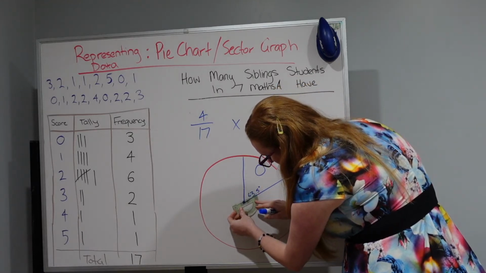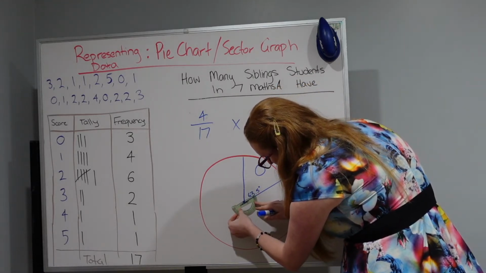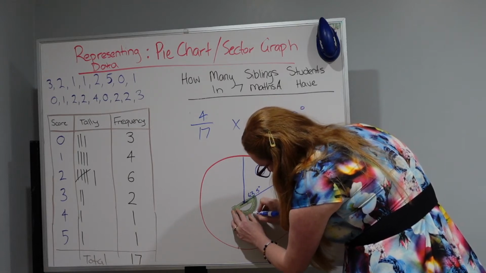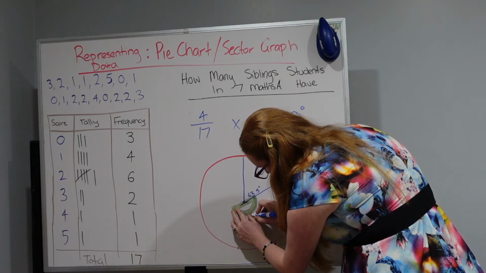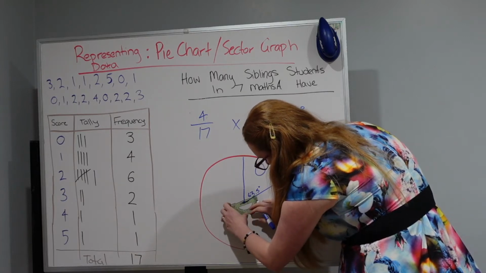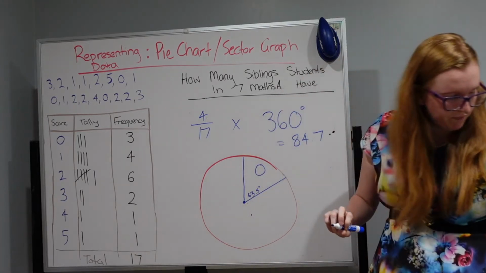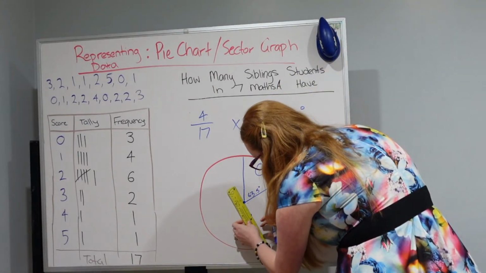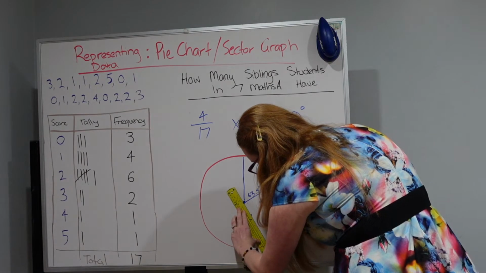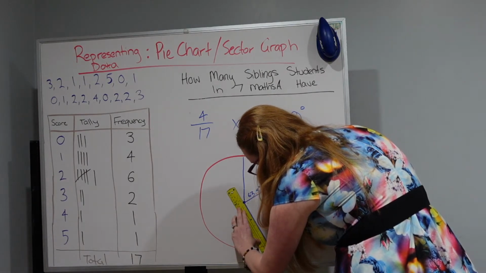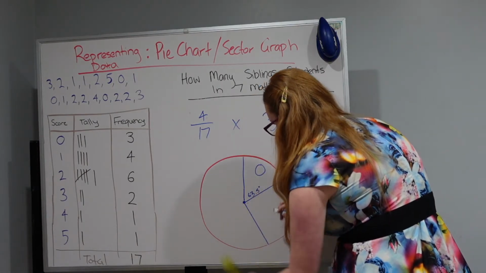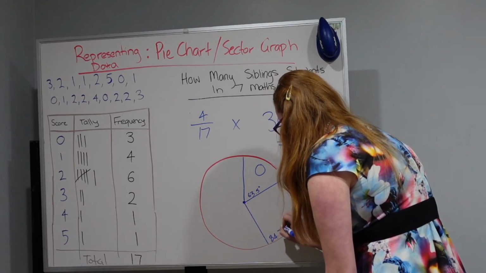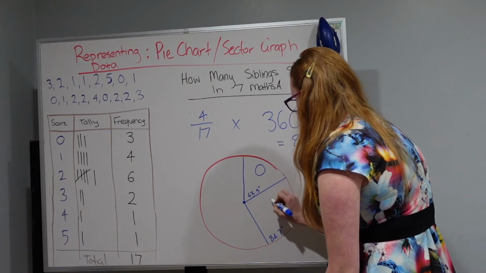So protractor, center on the center, that line is in line with that. And I want 87, which would be about here. Awesome. Get my ruler, and I'm going to draw a line through there. Perfect. And I'm just going to write in here how big this slice is, so 84.7 degrees, and that's option 1.